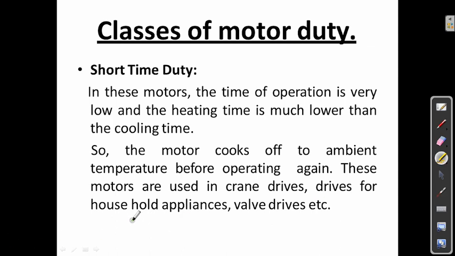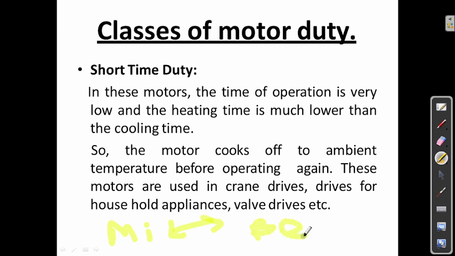The best example here is household appliances, which means we can take a mixie. In our home itself we are using that mixie. In our home we use the mixie for a certain time, maybe 1 minute, I think.